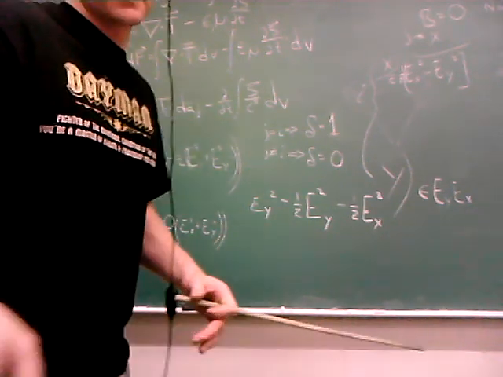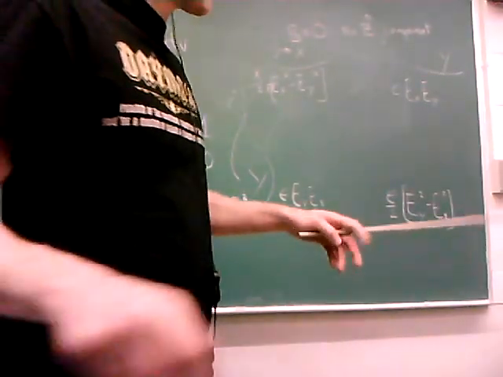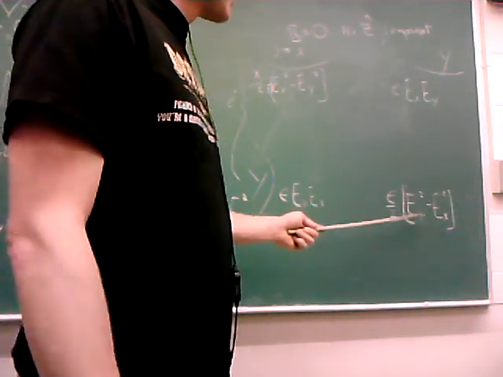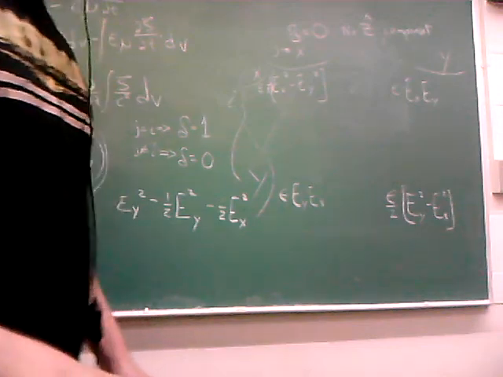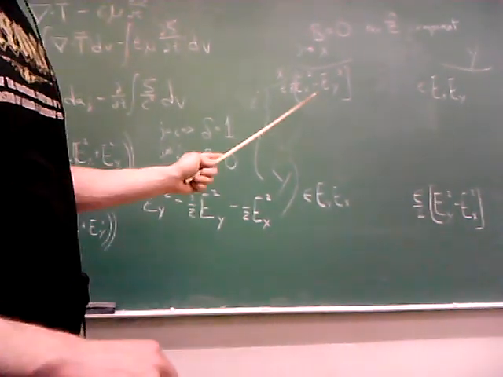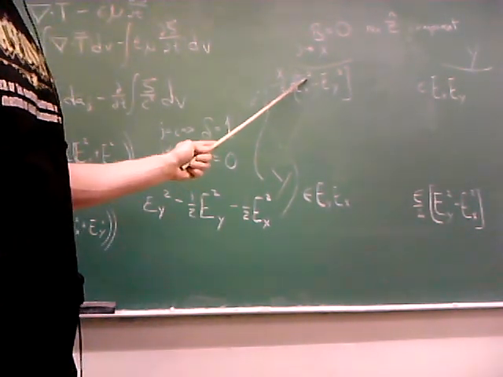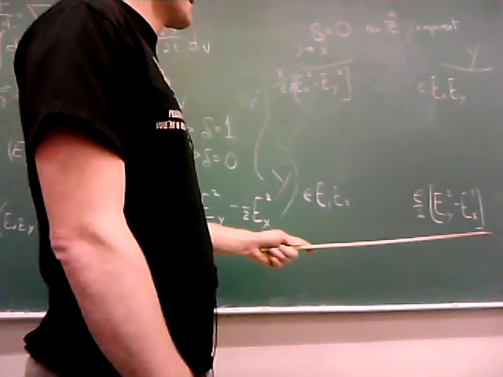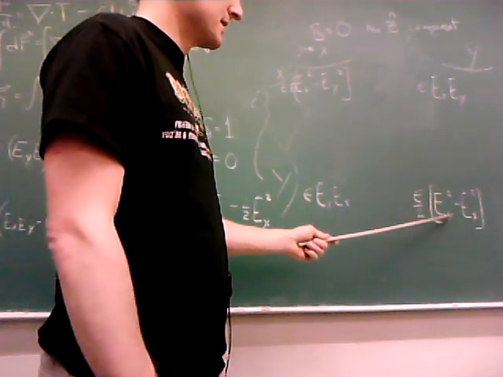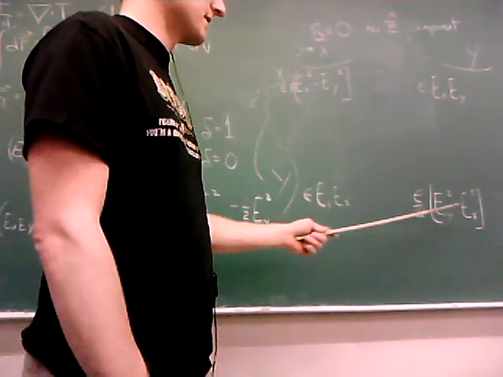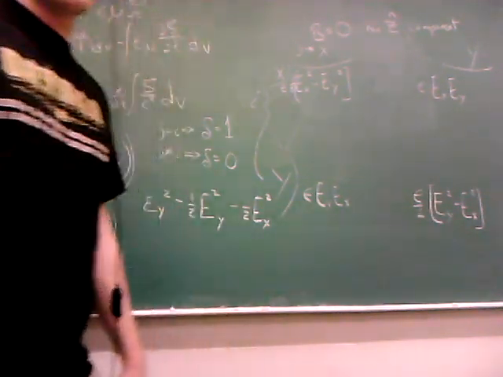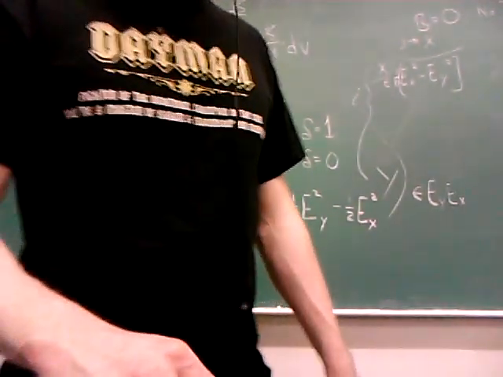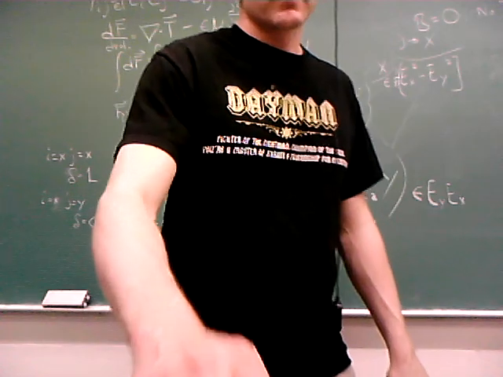So the x is left as a negative value. The x component is negative and the y component is positive, whereas otherwise the x component was positive in row x, column x. And same thing if we had a z direction. It would be positive E sub z, and these two terms would be negative. Anyway, thank you very much for your time, and that is how to work out the Maxwell tensor matrix.